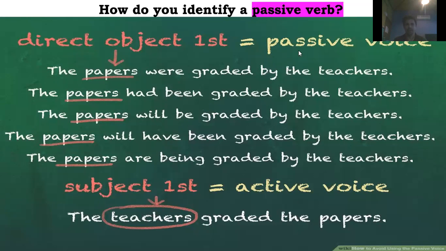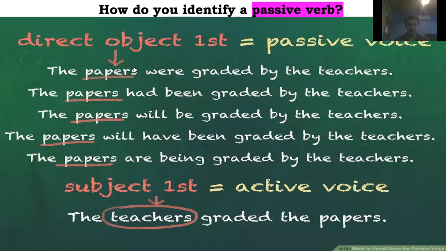Direct object first means passive voice. The papers were graded by the teacher. There we go. We've got the object, graded is the verb, and the teacher is the subject at the end. Object, verb, subject. Direct object first.